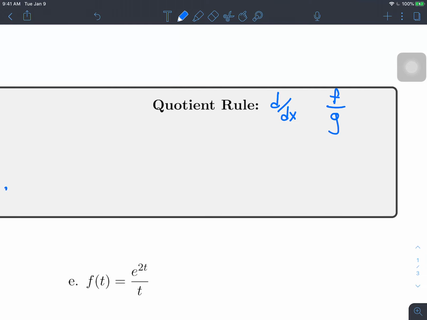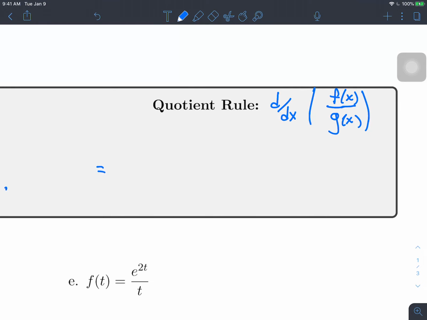That's what a quotient is, right? The quotient is the result of doing division. So if we want to do the derivative of one function f of x being divided by another function g of x, we get a big nasty formula.